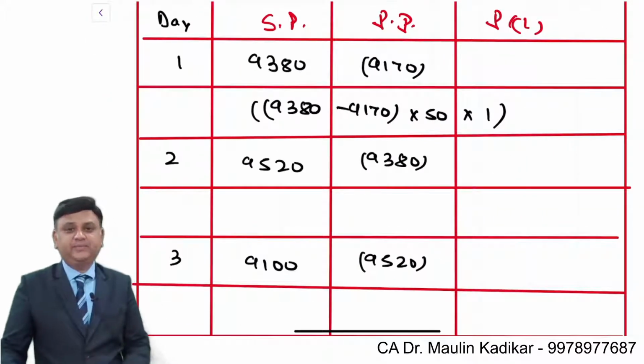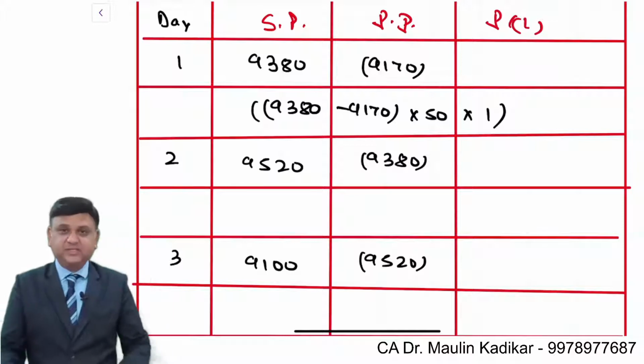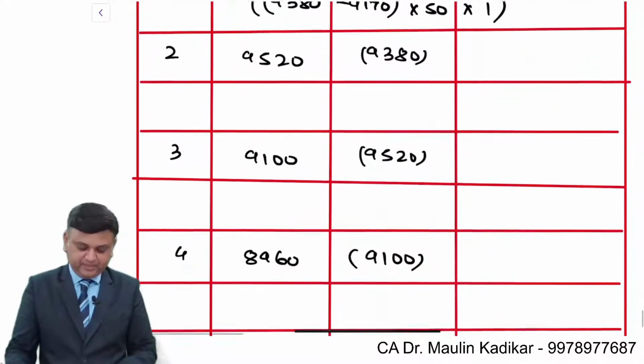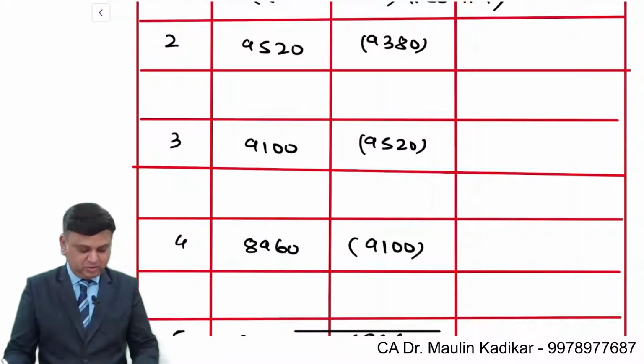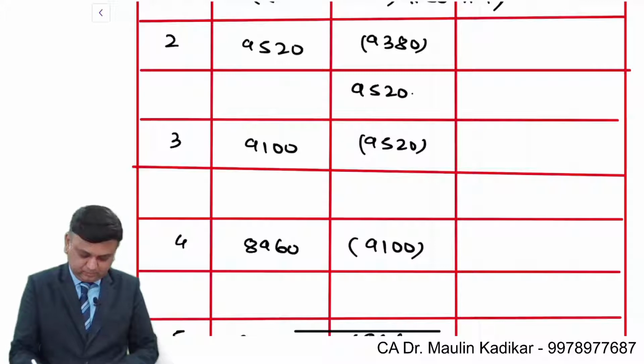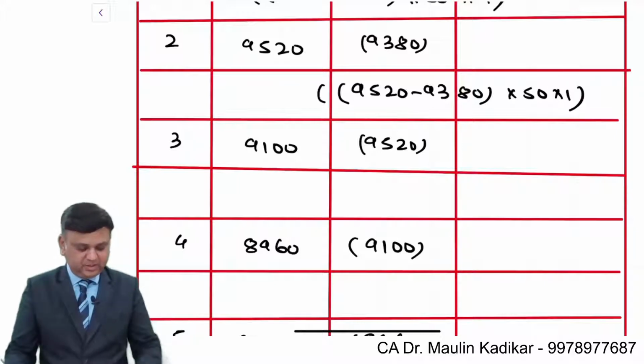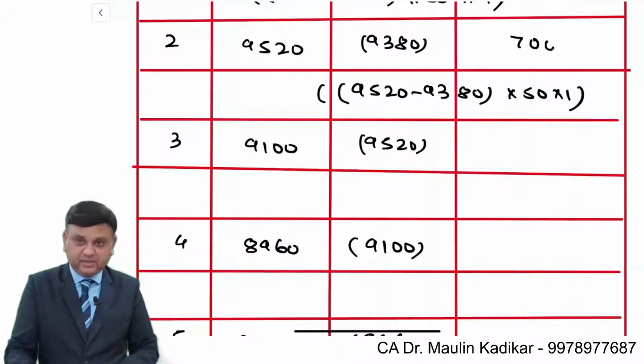Dear students, it may happen that the lot size information is not provided, you just have to make an assumption on your own. That is acceptable. Next, 9520 minus 9380, multiplying with 50 into 1. Students are requested to write down the answer along with me. There is a profit of 7000.